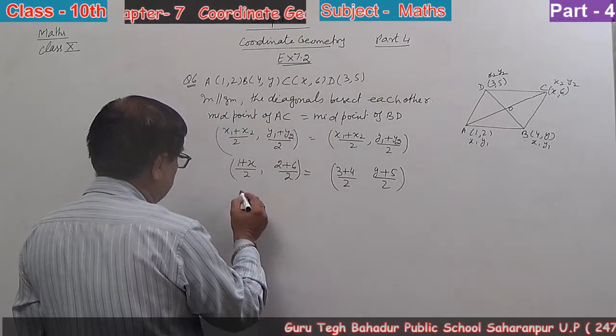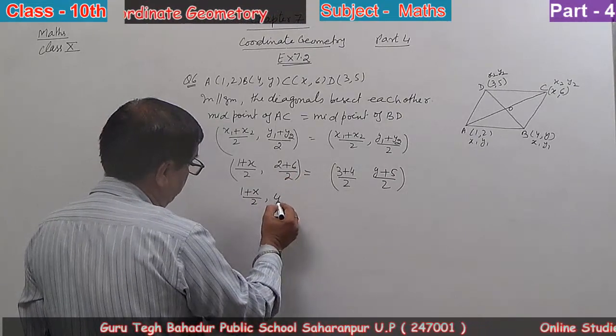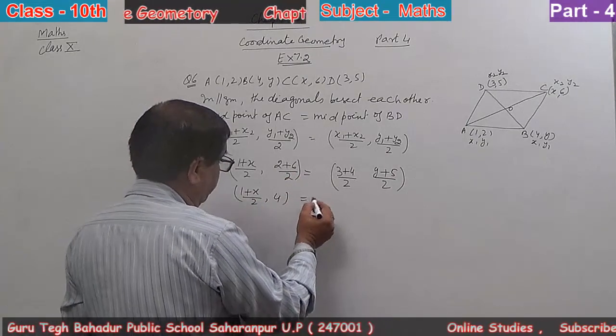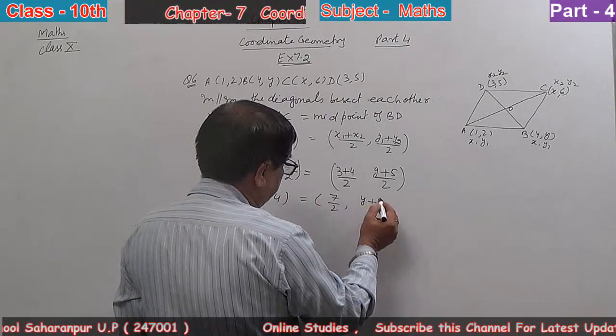Compare it. (1 plus x) upon 2, 2 plus 6 is 8, 8 upon 2 is 4. Here 7 upon 2, (y plus 5) upon 2.